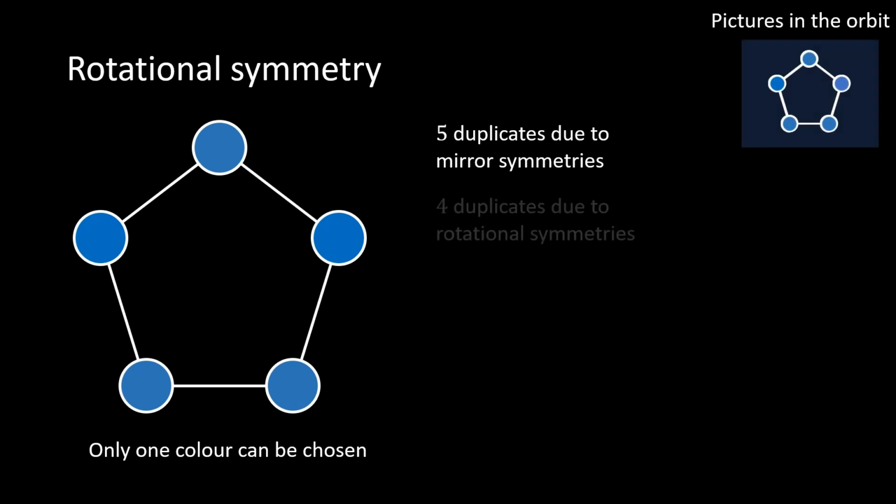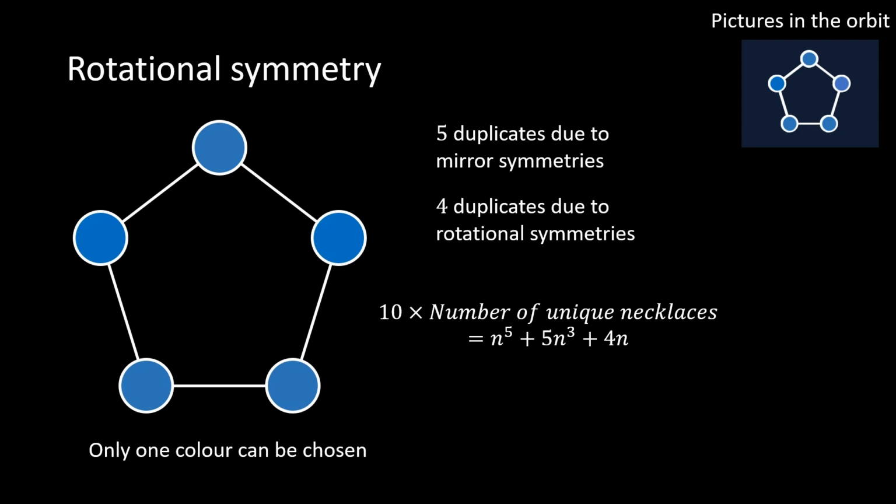So, we have still overcounted the number of pictures produced, because for rotationally symmetric necklaces, there is only one unique picture produced. Therefore, we must add 4n duplicate pictures to our answer. So we finally have that 10 times the number of unique necklaces is n to the 5 plus 5n cubed plus 4n.